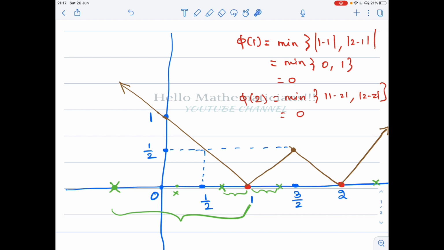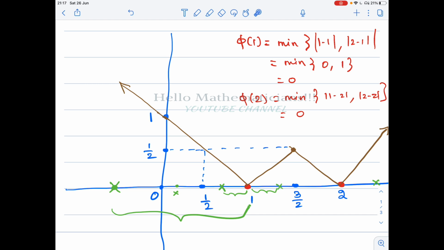Very good. Now suppose I take a point here. For this point, 1 is the closest point, 2 is this much farther away, and 1 is only this much distance. So for this point the distance between this point and the set I will be just this distance.